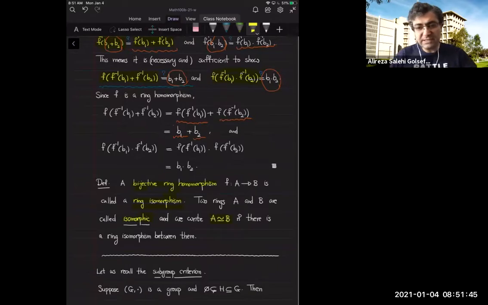Okay, so now we've seen the definition of ring homomorphisms and ring isomorphisms, and under what condition we say two rings are isomorphic.